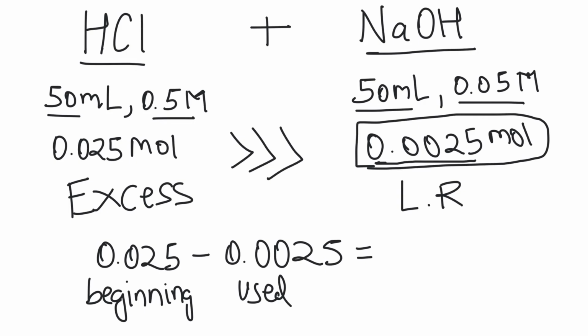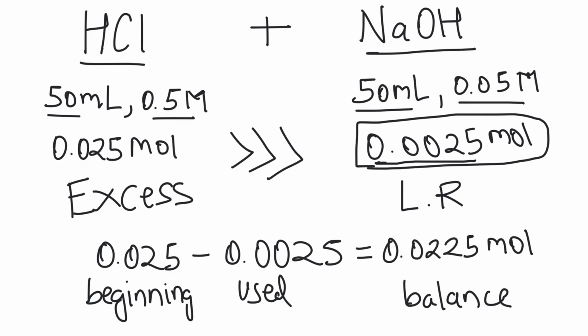And so the answer is going to be your balance. How many moles of hydrochloric acid were left unreacted? 0.0225 moles of hydrochloric acid were left unreacted after the reaction was completed.